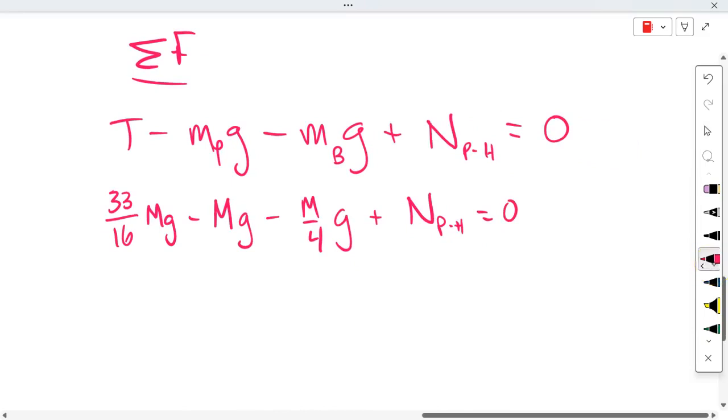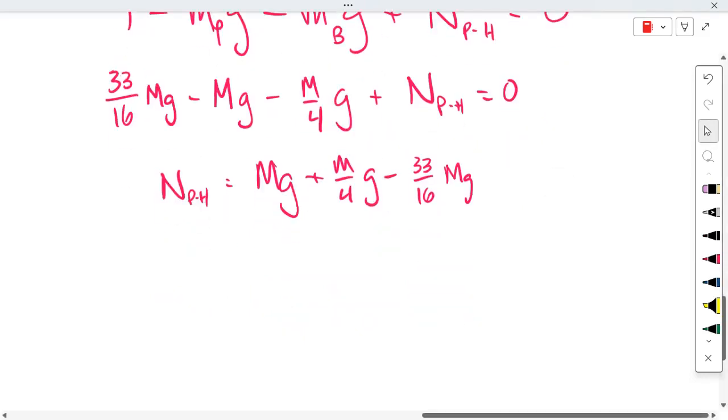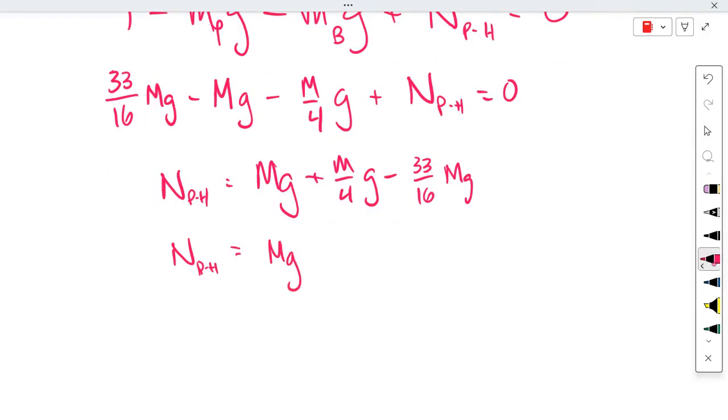Okay, so let's see. Normal on plank by hinge equals mg plus m/4 g minus 33/16 mg. Oh boy. I can already tell that our answer is going to have a certain sign. Otherwise we'll factor out all the mg's.